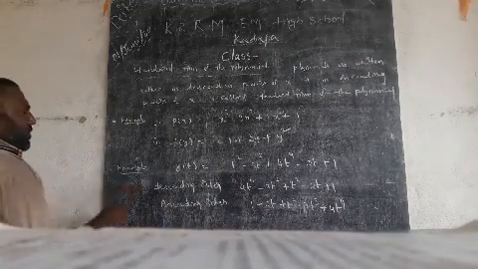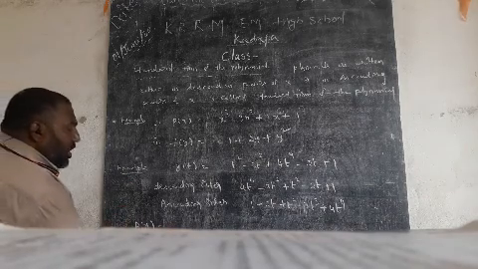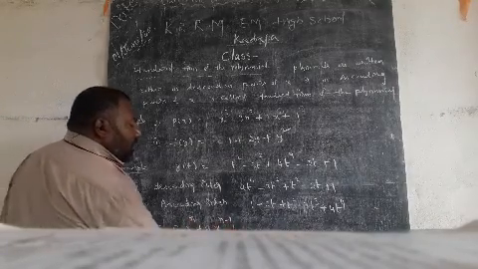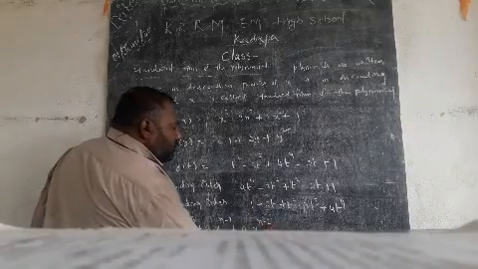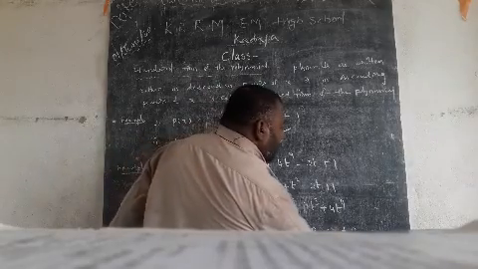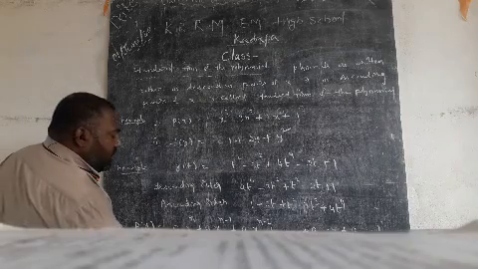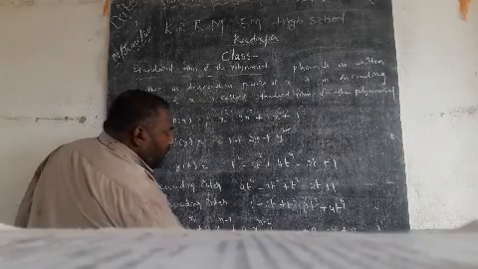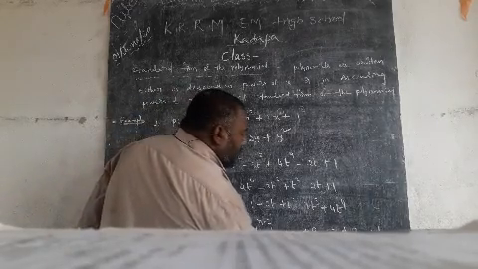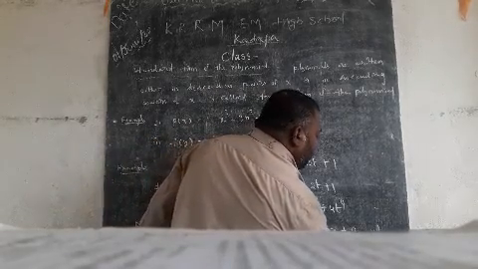So how can the standard form of an nth degree polynomial be written? p of x is equal to a naught x power n plus a1 x power n minus 1 plus a2 x power n minus 2 plus and so on plus a n minus 1 x plus a n, where a naught, a1, a2, up to a n minus 1, a n are coefficients and a naught not equal to 0.